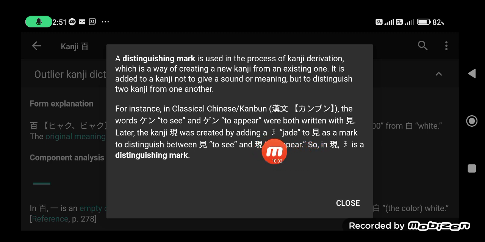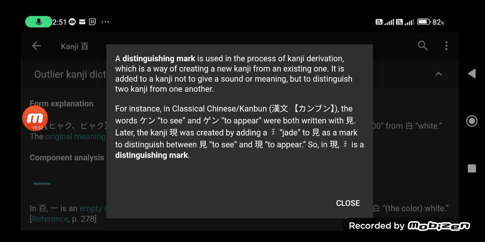This radical, jade or gyoku or jewel, acts as a distinguishing mark so that there will be a kanji that means to see, and a kanji dedicated to mean gen or araware, to appear. So that's the function of a distinguishing mark.